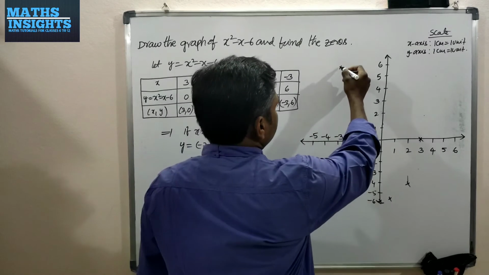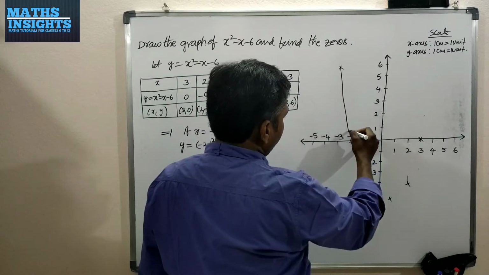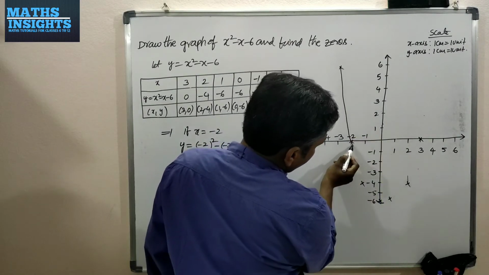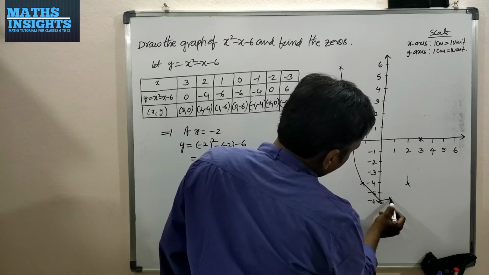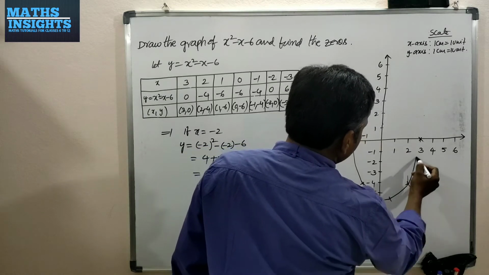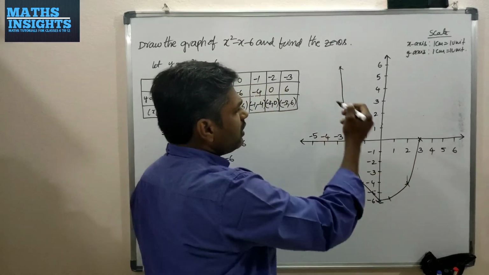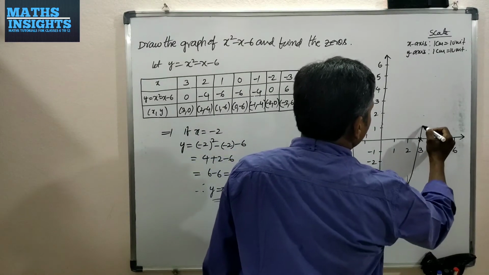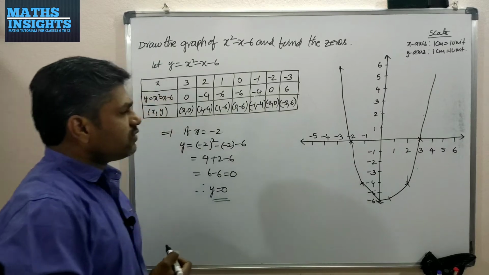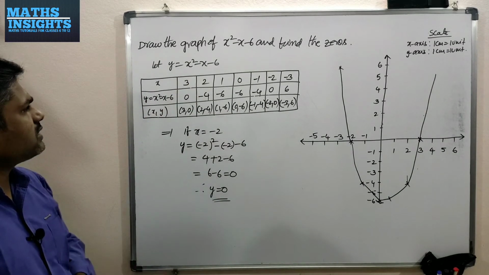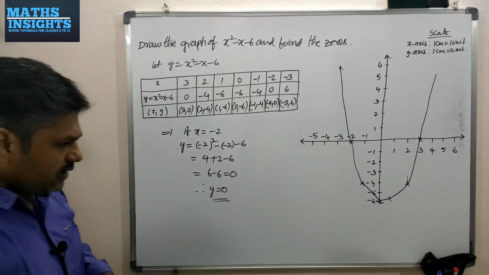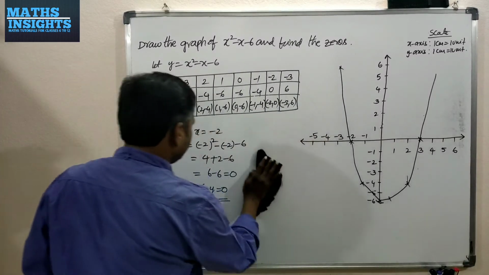So I am joining this by hand, and also this one and this one and this one. If you go further, you will have another point here only. So if you extend like this, this is the graph of y is equal to x square minus x minus 6. I am erasing this one.